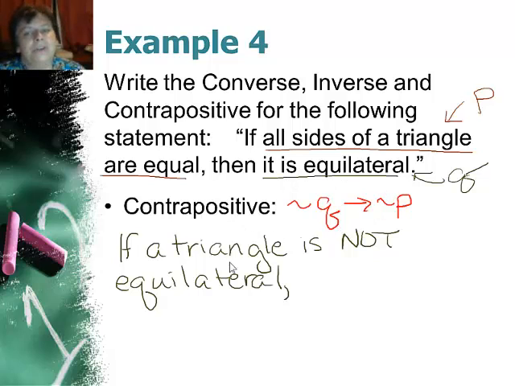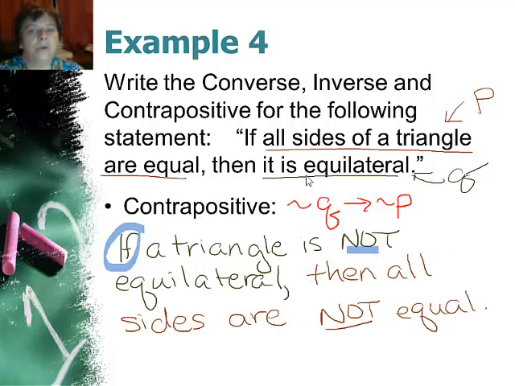But I want to show you that sometimes some of these words can move around and it'll still be the related conditional. So if a triangle is not equilateral, there's my if on the Q and my not, all right? Then all sides are not equal. So that is the contrapositive of my original statement. You can see the then and the not.